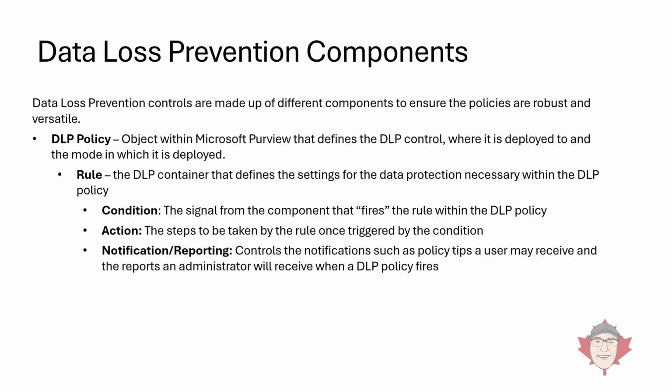Do you want to audit or block or just let users know they shouldn't be doing it? The final component is the notification and reporting. Here, the administrator can control the notifications to the end user, what they will receive, or even what alerts an administrator is going to get. So now that we've covered the basics, let's dig into an actual policy.